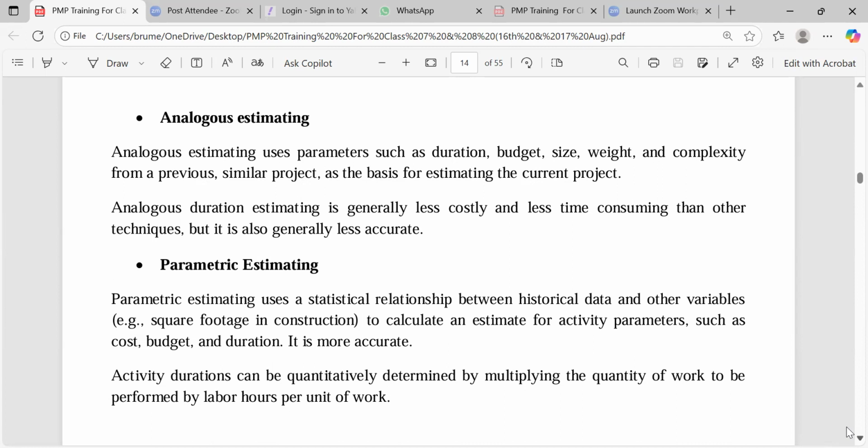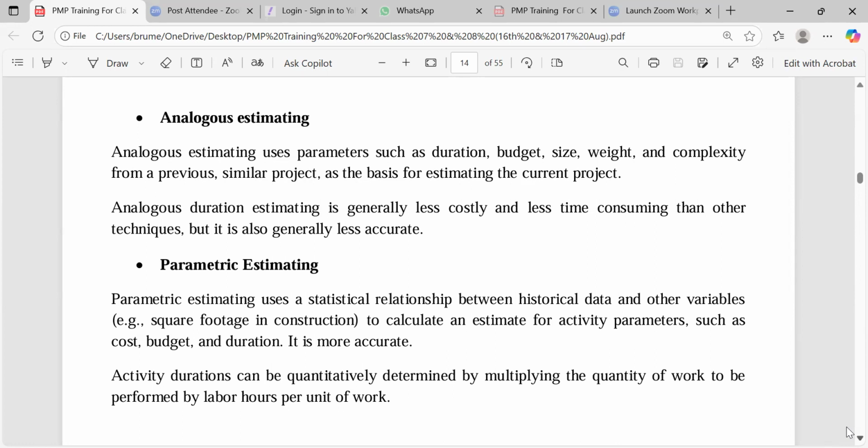So anytime you see analogous, you think of historical, right? Then the word parameter: parametric estimate. This one, you want to count blocks. You want to count pages of books. You want to take a tape to measure the width and the breadth of the pages, to tell us how much paper will be needed.